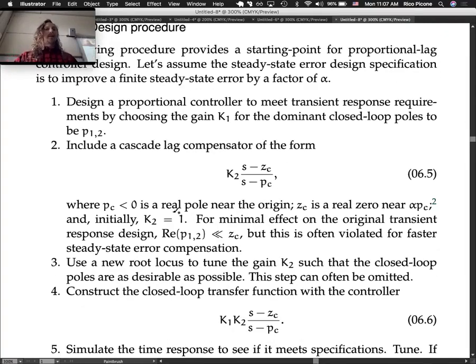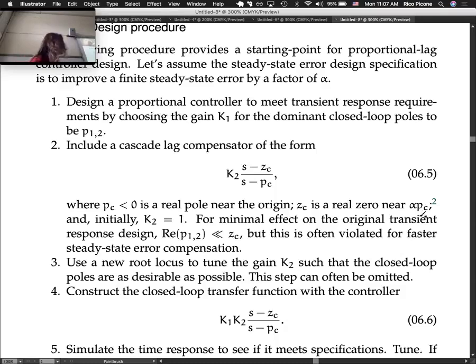Step 2, include a cascade lag compensator of the form of 6.5. Similar to putting in an integral compensator, we're going to put in this lag compensator that has a pole, PC, the compensator pole, which is negative. It's a real pole near the origin. And then ZC is a real 0 near alpha times PC.